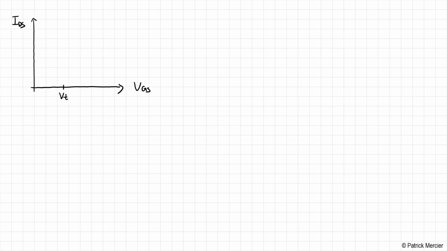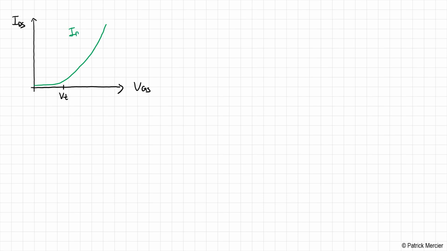What we assumed before is that prior to VT, current was 0. Now we know that there's a subthreshold kind of exponential behavior going on here. And so we know that there is some amount of current, but it's still low. So maybe the current will look something like this, and then it'll go up quadratically here.